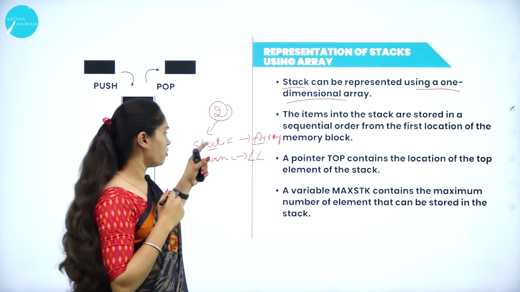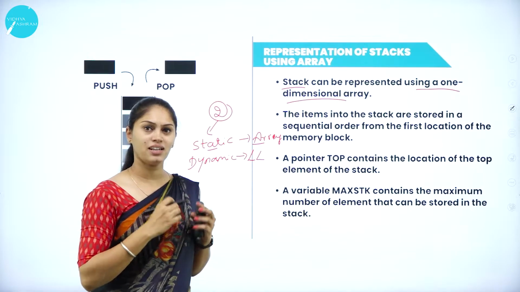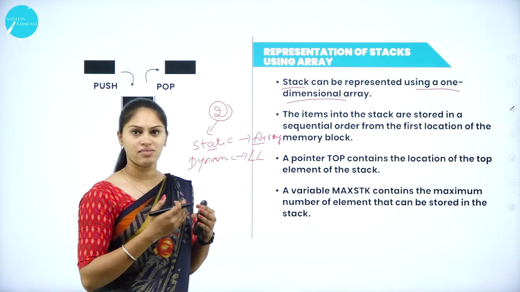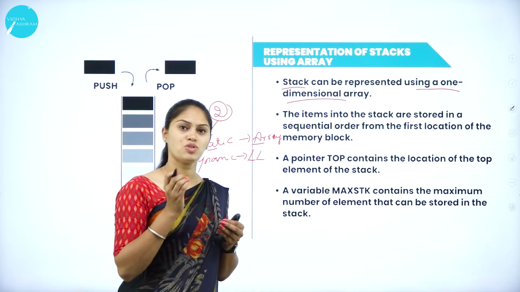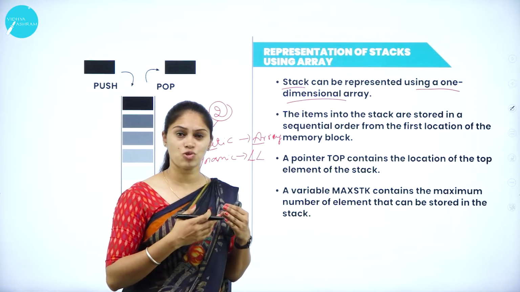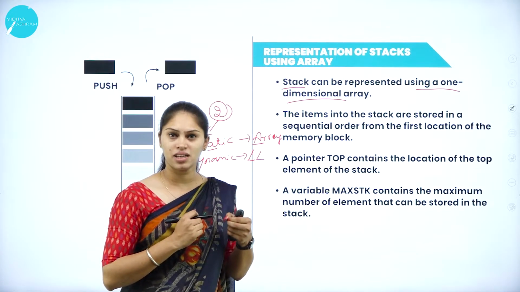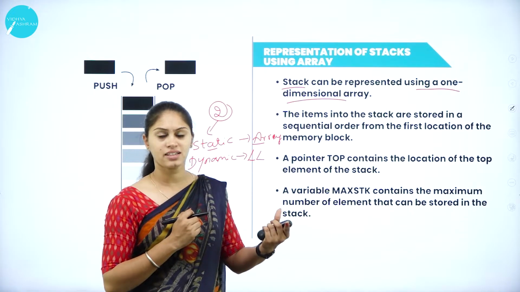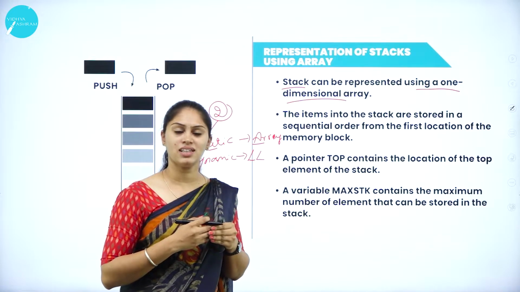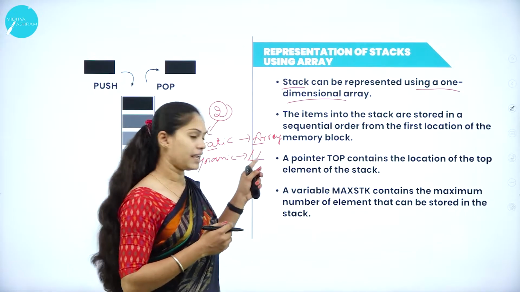As I discussed, when you represent a stack in computer memory in a static manner, the data will not change and we are not supposed to add or delete an element at execution time. That is static. So for the static representation of the elements of a stack, we go with the array concept. But when you want to represent the stack in a dynamic manner, then we go with a linked list.